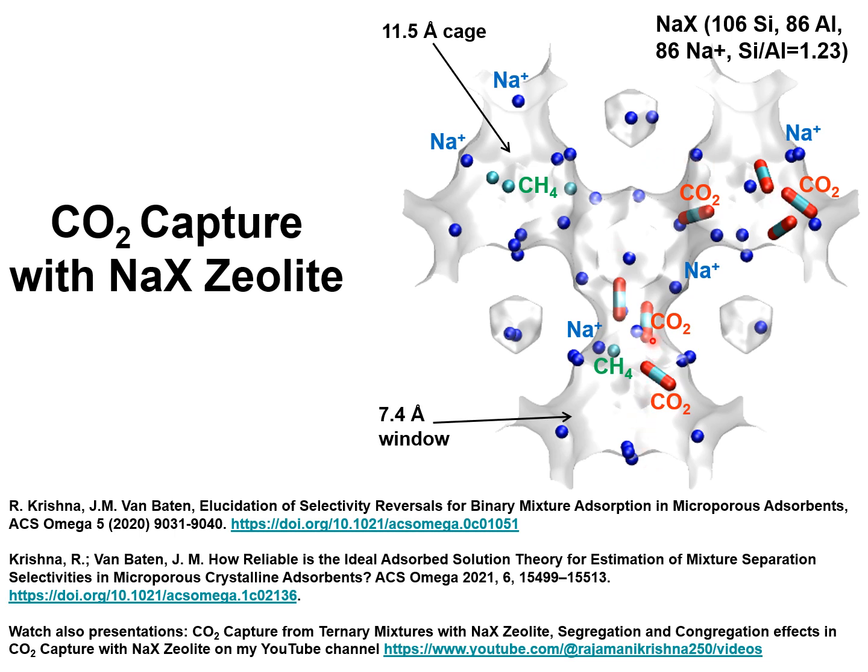The CO2 tends to congregate near the extra-framework sodium cations, and the inhomogeneous distribution of guest adsorbates within the pore structure of NaX zeolite leads to significant deviations from the behavior anticipated by the ideal adsorbed solution theory.